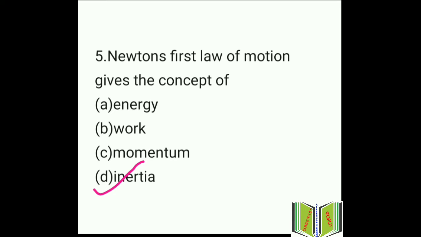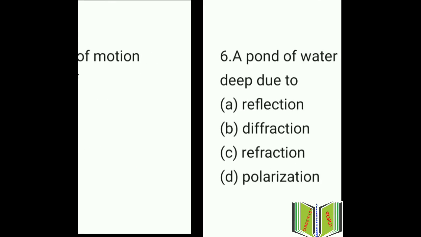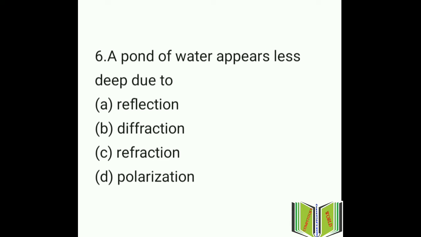It is the property of the body by which it continues its state of rest or uniform motion until an external force is applied. So a body which is at rest tries to remain at rest, and a body which is in motion tries to remain in motion. Okay, so this is inertia, and this refers to the first law of Newton. Move on to the next question, that is question number 6.